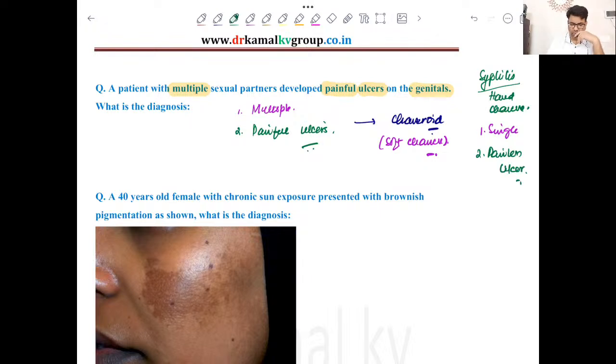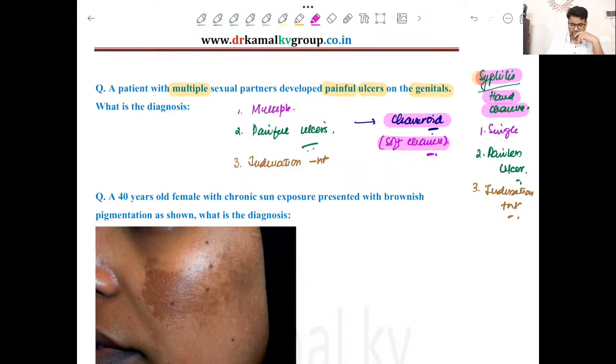And third, of course, if you look at the induration, here induration is absent and here induration is present, right? So just three important differences between syphilis and chancroid. So syphilis, which is hard chancre, and chancroid, which is soft chancre, right?